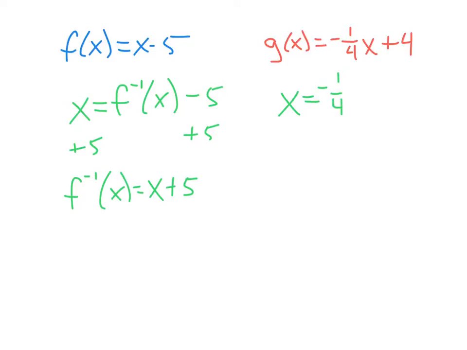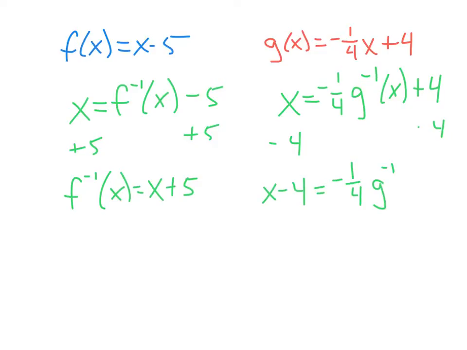Again, just the notation is once you switch out your domain with the range, you're going to use the inverse notation. And then we're just going to solve for the inverse of g of x by subtracting 4. So then we would have x minus 4 equals -1/4 of our new y value.